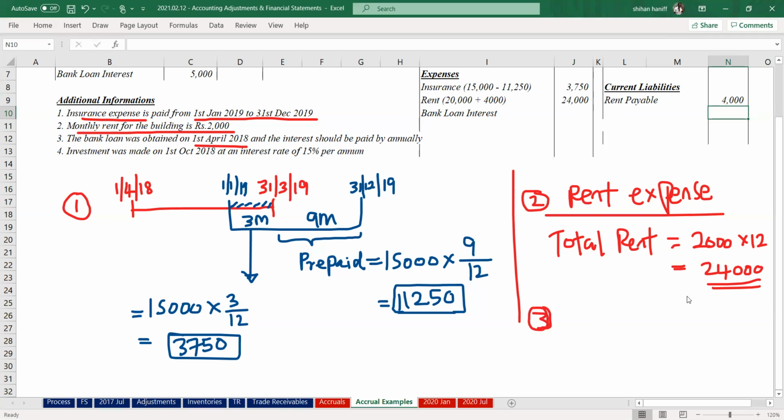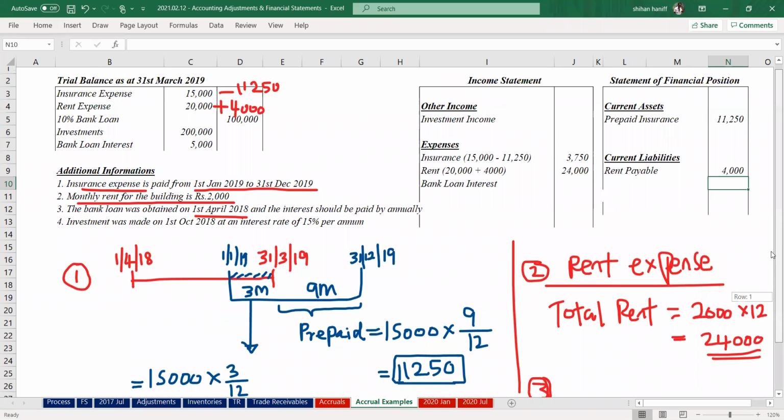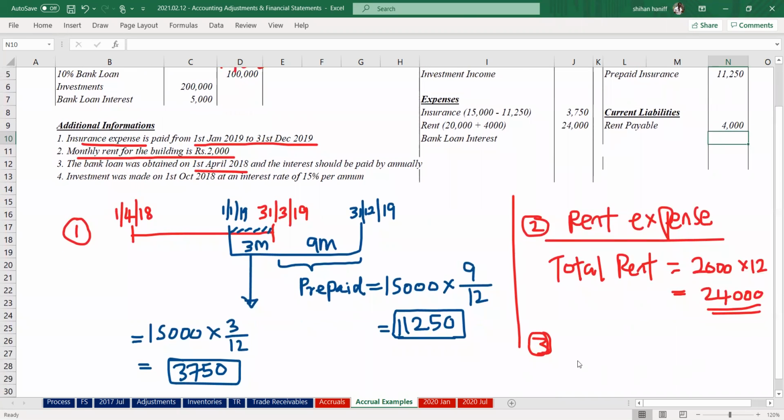So what you have to do is calculate the total interest, 10% bank loan. 100,000 into 10%.